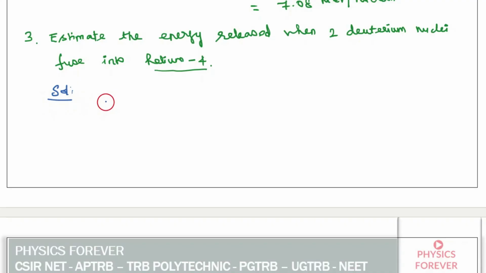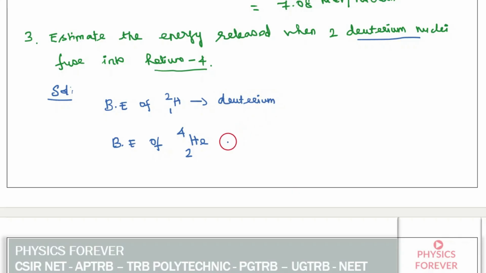Appo we know that then binding energy of helium 1 to 2, then binding energy of helium 2 to 4. Appo it represented as deuterium. It represent as helium. அப்போ ஆல்ரெடி நம்ம ஹீலியத்துக்கு கண்டுபிடிச்சாச்சு.